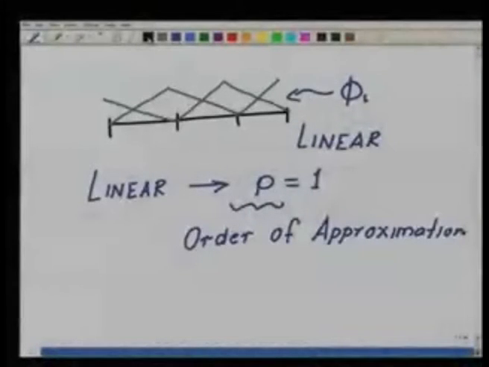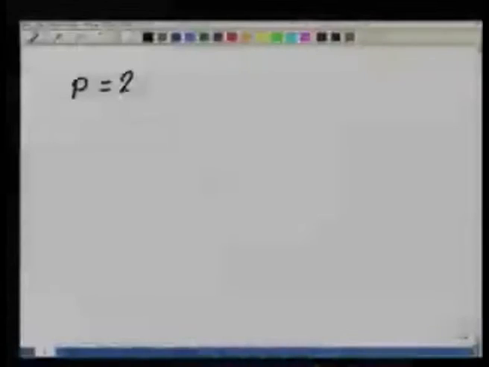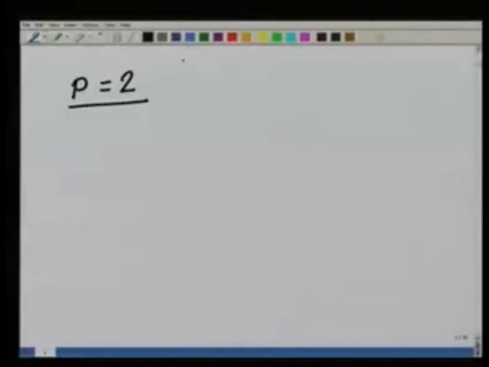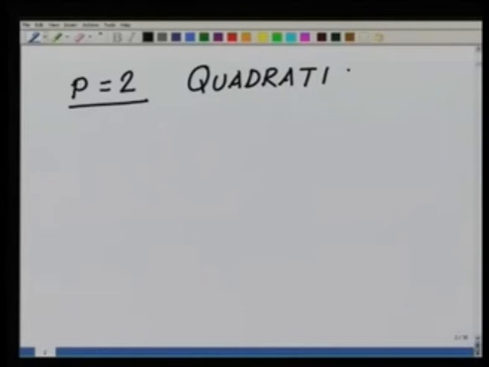So let us now see how this order of approximation can be increased. The next example that we will do is p equal to 2, that is, the order of approximation is quadratic. For this, let us see what we have to do as far as the approximation is concerned.